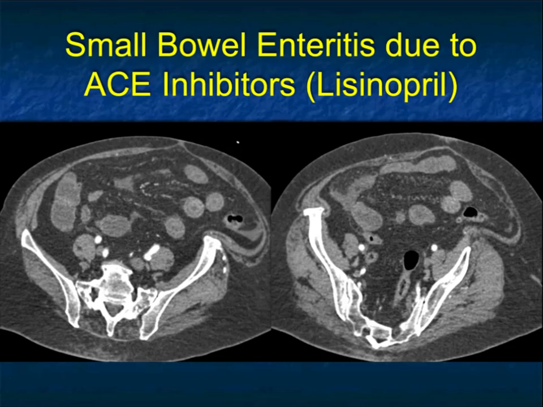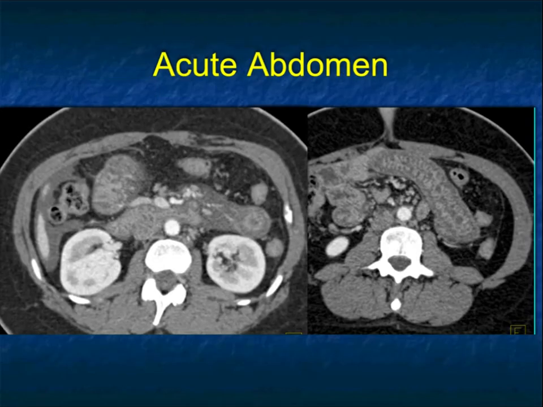Well, then when you speak to the patient, it was noted that they just had been worked up with their cardiologist for hypertension and was started on medication. And then you say, aha, this is small bowel enteritis due to ACE inhibitors. In this case, it was lisinopril. It's so interesting. Mike Federle wrote about this.